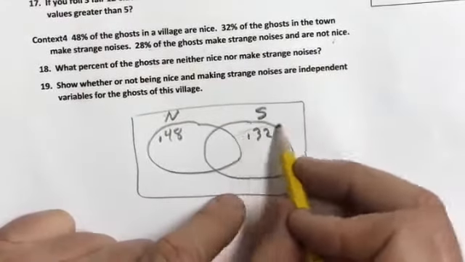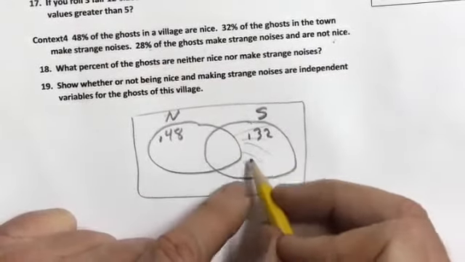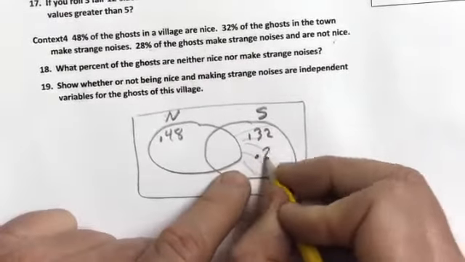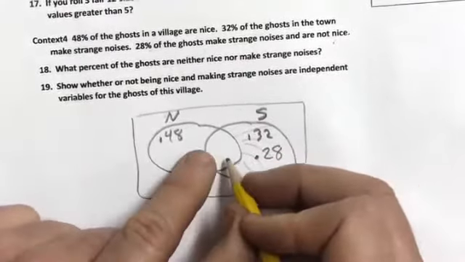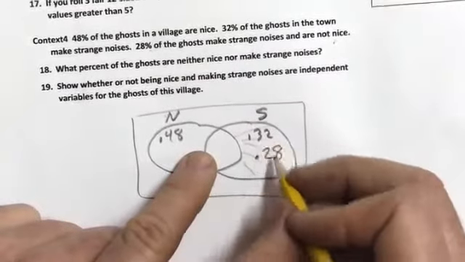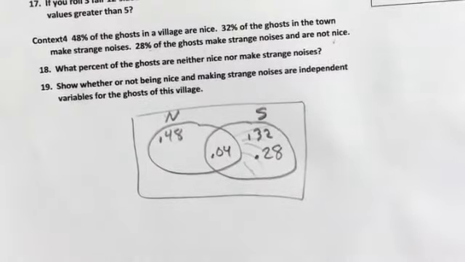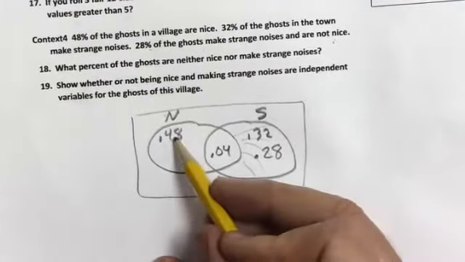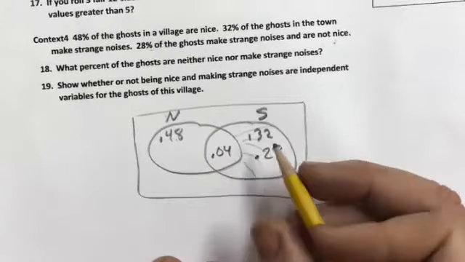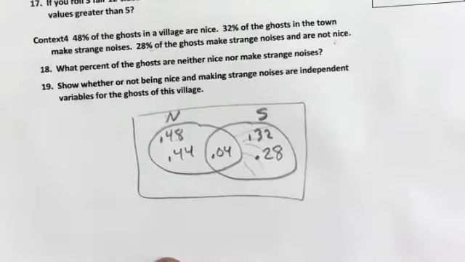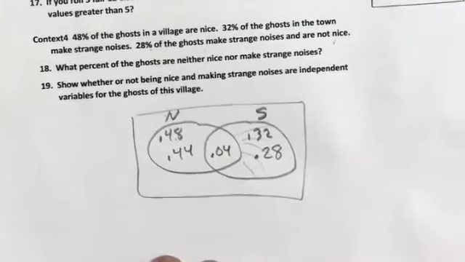That is this crescent shape region here. So this is 0.28, which means the overlap has to be 0.32 minus 0.28, or 0.04. That was the little trick that makes it different from the other Venn diagram problem. Then when you subtract, 0.48 minus 0.04 is 0.44. That represents ghosts that are nice and do not make strange noises.